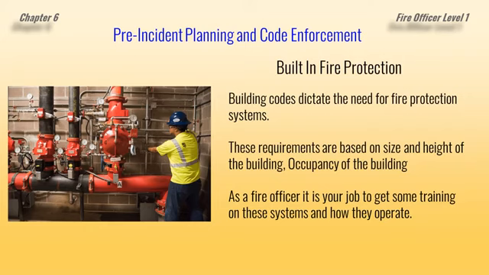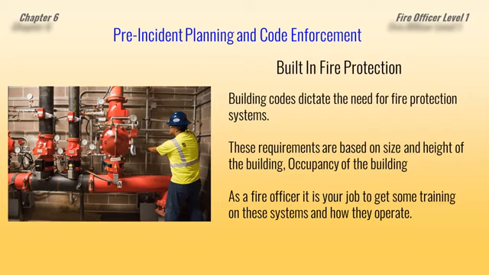We get into an assembly building, right? Based on the square footage, it's going to require a sprinkler system. We get into buildings that are over 3 stories, you're going to have a standpipe. All right. So all these fire protection systems are based on the building code and the use of the building.